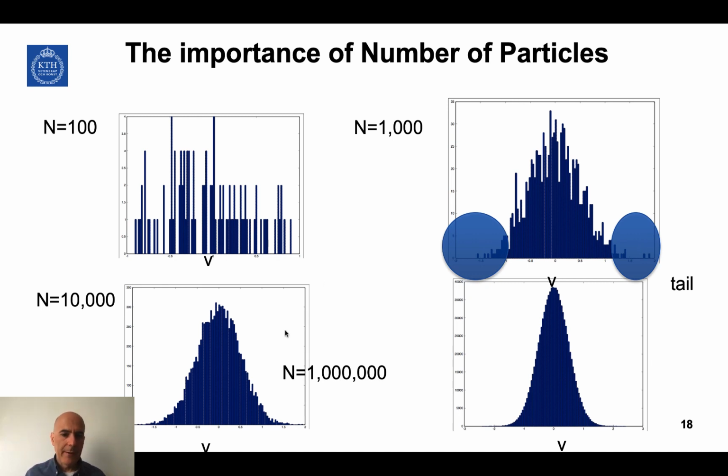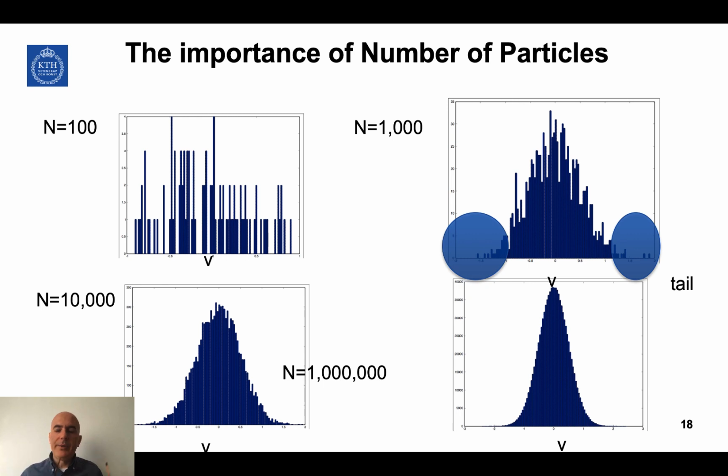If you use 10,000, yes, it's improving, but not as much. You see many peaks here, and it's not very good here also. When we go to 1 million particles, then we get a reasonable Maxwellian distribution function.